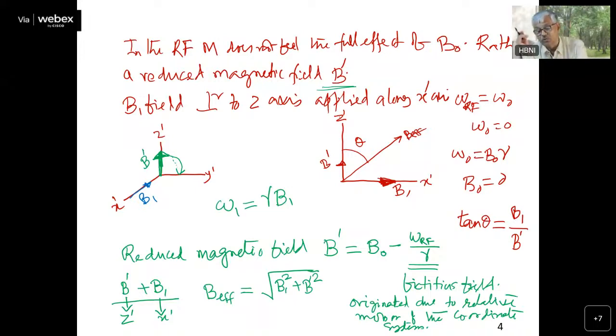So now the question is, once the B effective is there, then your magnetization, you have the magnetization here. The magnetization was here.